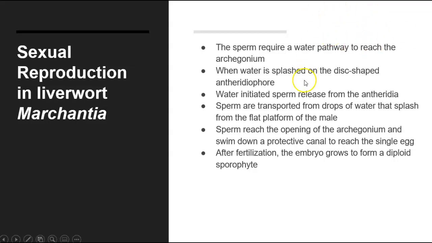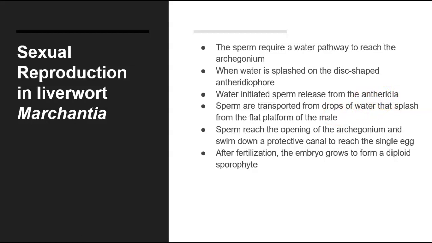So when, let's say it rains, the water is going to get splashed on top of the disc-shaped antheridiophore. And remember, the antheridiophore is going to have the male organs. So water is going to initiate sperm release from the antheridia when water is splashed on it.